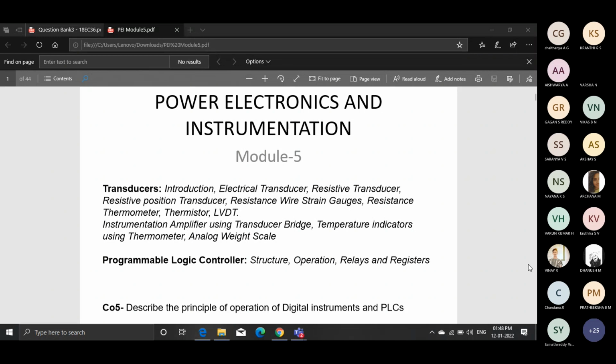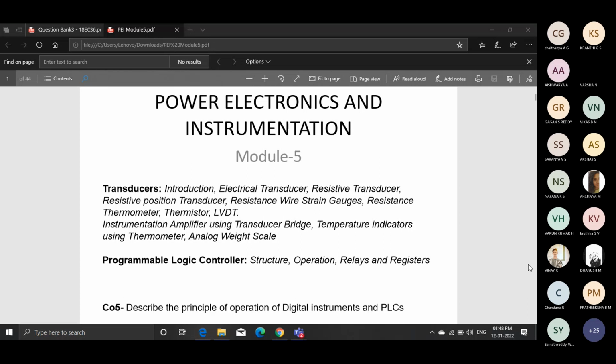In this, we will be learning an introduction about transducers and what electrical transducers are available, what the resistive transducers are, and resistive position transducers, resistive wire strain gauges, resistance thermometers. You might have heard about thermometers, thermistors, LVDTs. All those things will be discussed one by one.